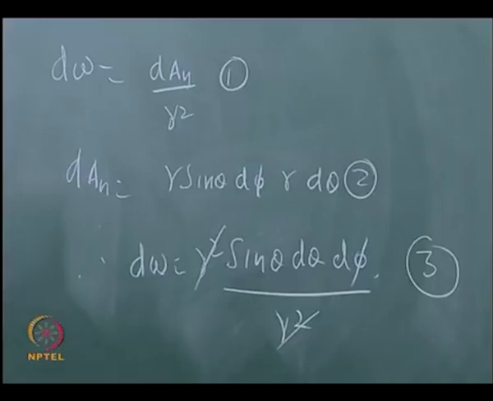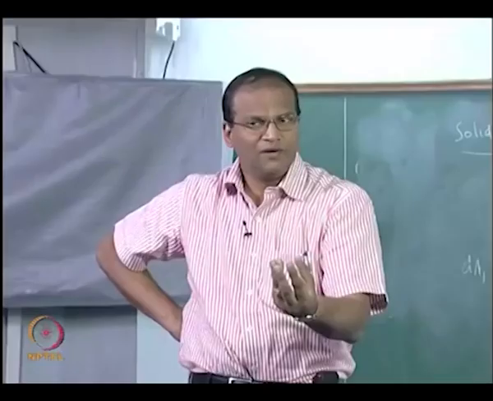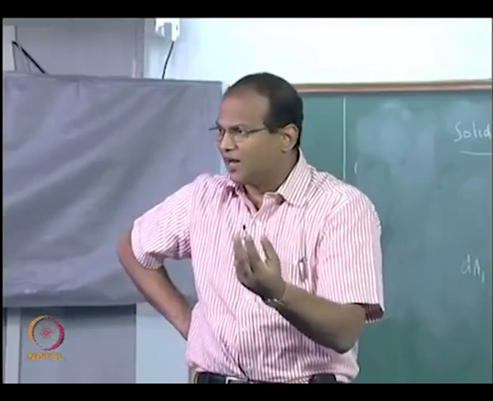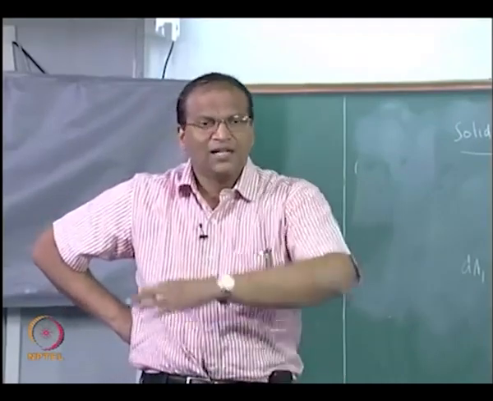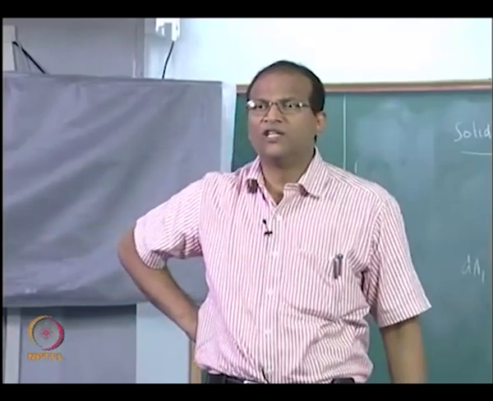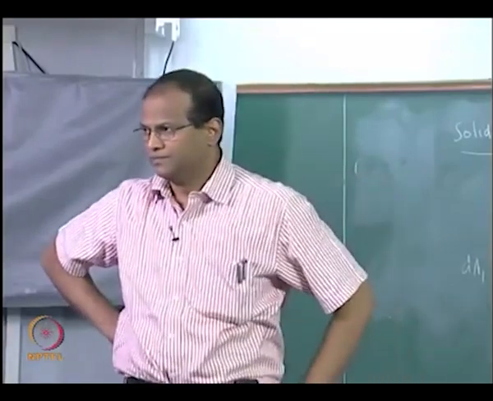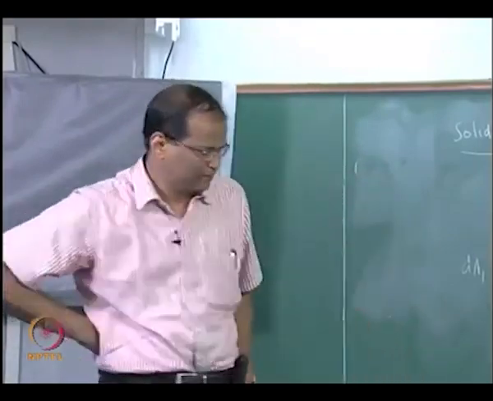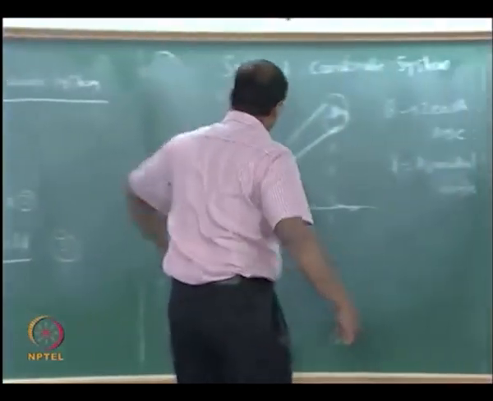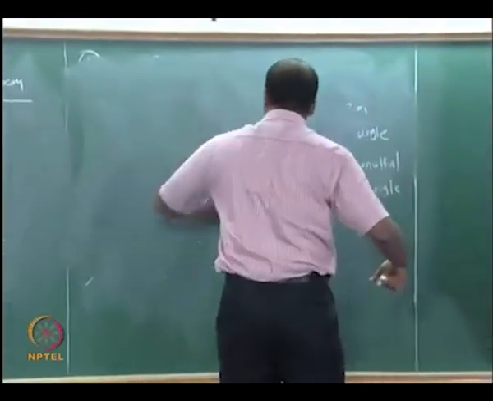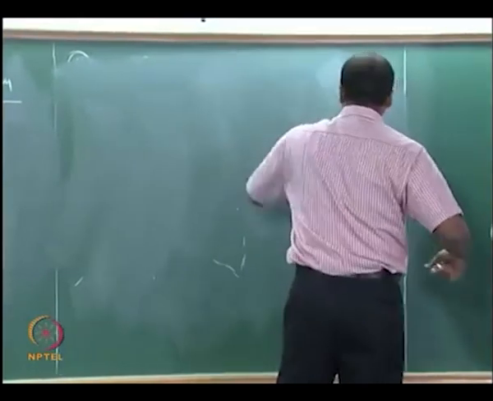So what will be the total solid angle associated with this elemental area dA1, that is, radiation is falling on to a hypothetical hemisphere above it. What should be the solid angle? I will just close in 2 minutes.